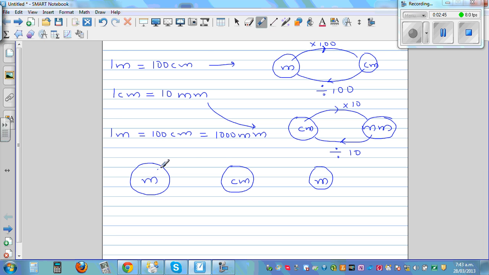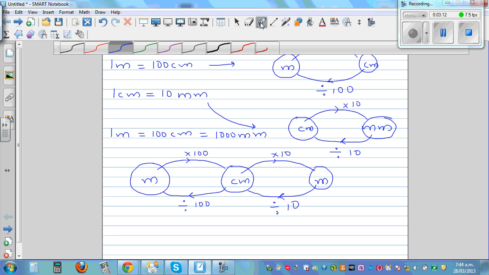From meter to centimeter, you times it by 100, and from centimeter to millimeter, you times it by 10. And if you go the other way around, this is divided by 100, and this will be divided by 10. Hopefully I'm not confusing you.